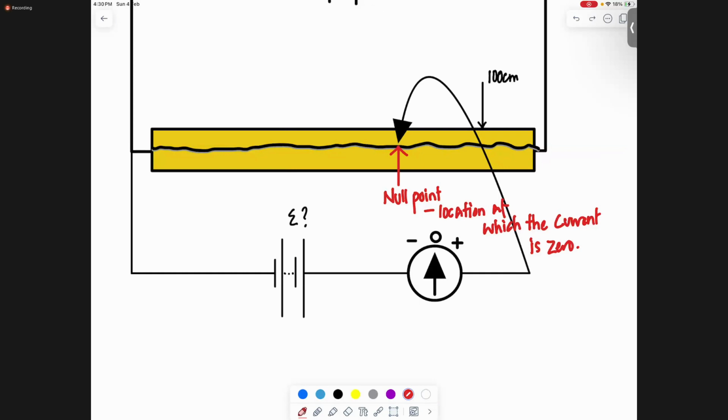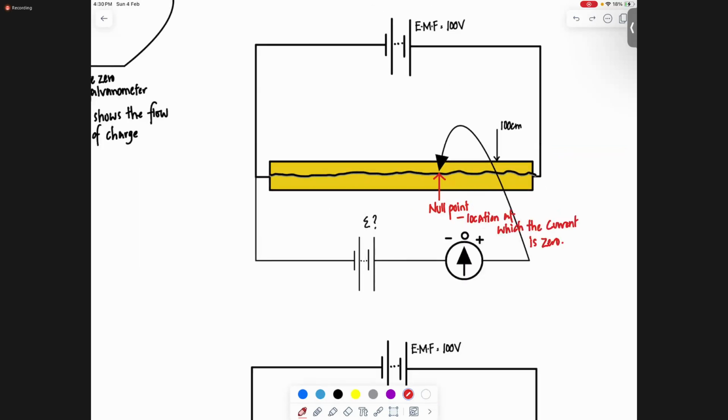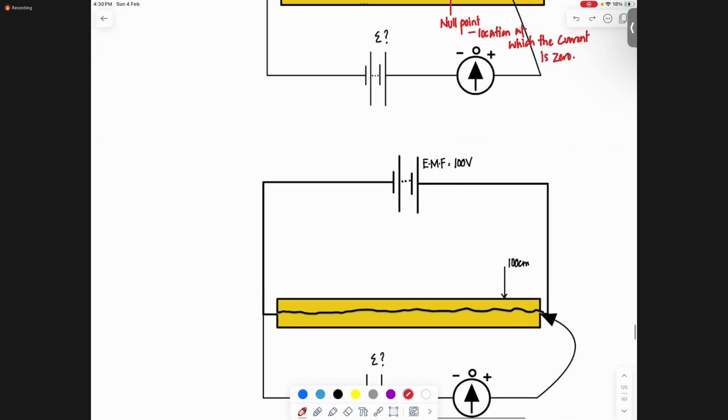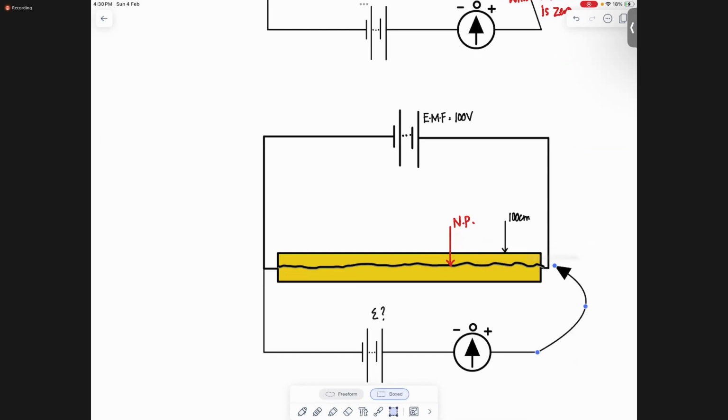That's the null point. Now what if you go beyond the null point? If you are before it, you see a positive deflection. If you come to the null point, it's zero. But if you go beyond the null point, somewhere here, what do you notice? The deflection goes the other way, in the opposite direction.